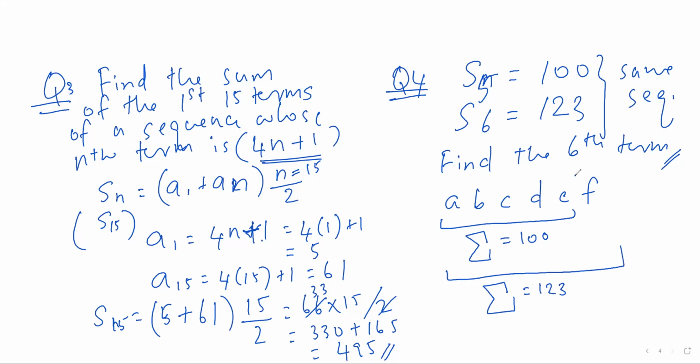So therefore, F, or the 6th term, should be 123 minus 100, right? That should be 23. So straightforward. No need to apply the equations here. As long as you know the theory behind it, there's very little need to apply equations. Okay. Now let's do question 5.